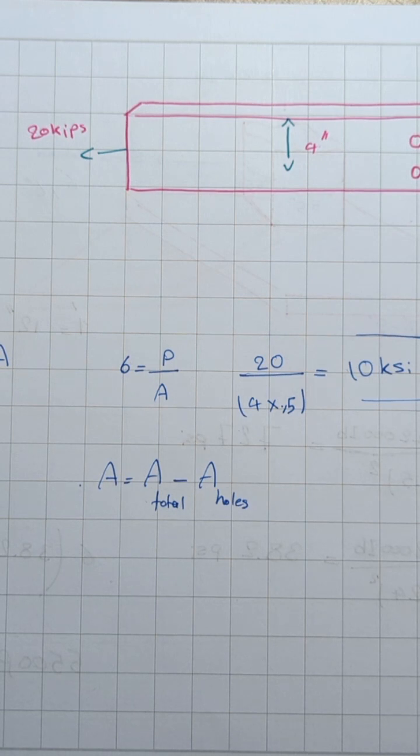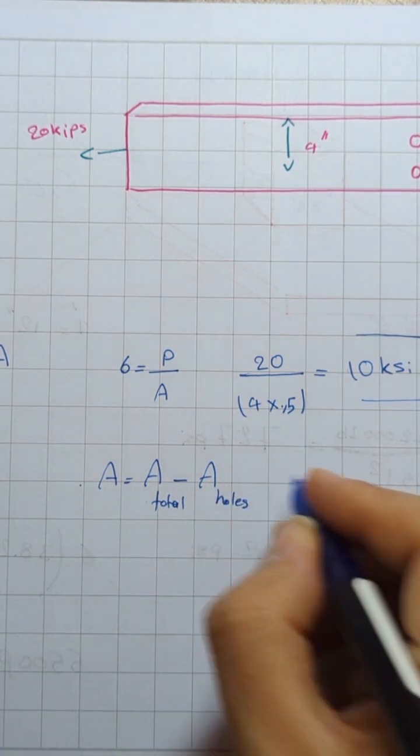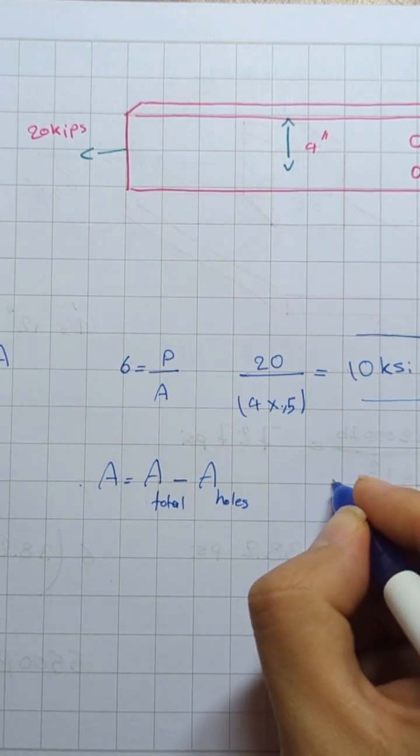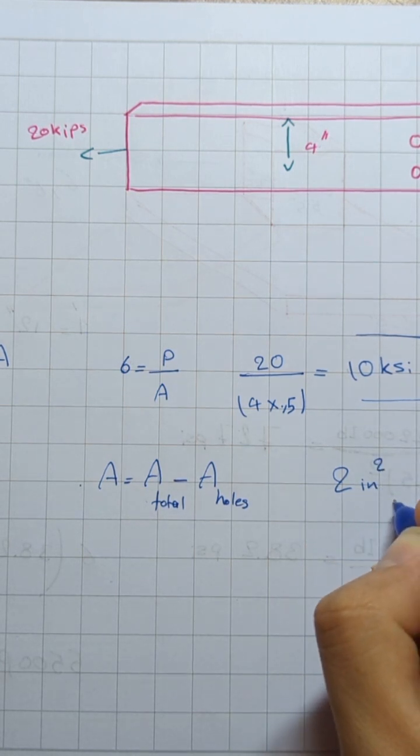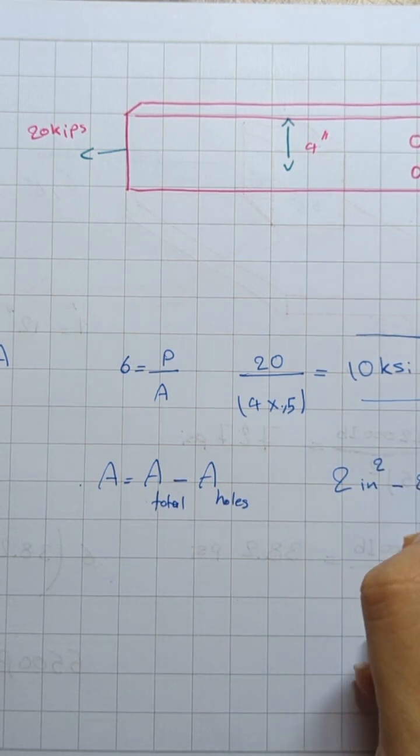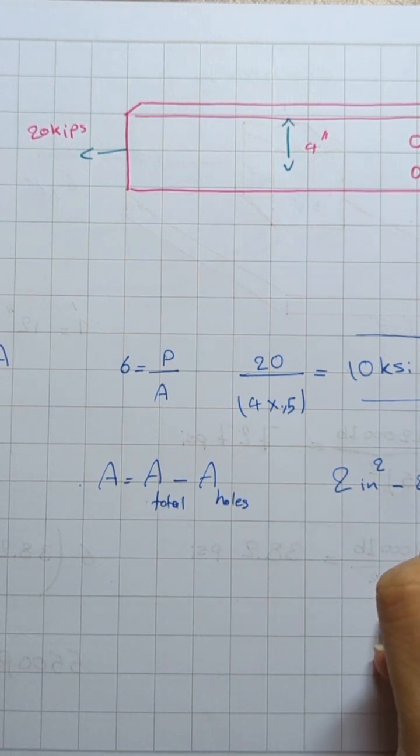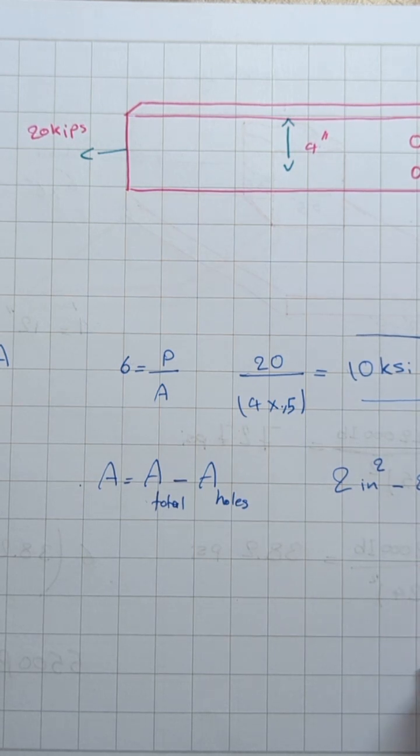They are 1/4 inch by 1/2 inch. So the whole area, which was 2 square inches, minus 2 of the 3/4 by half, equals 1.25 square inches.